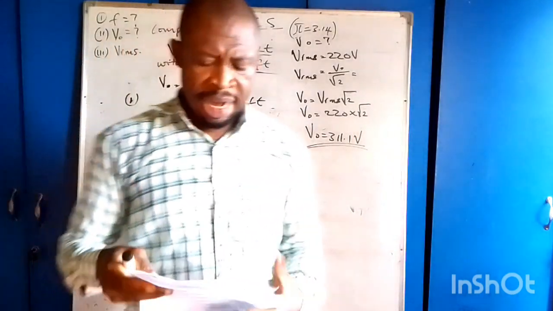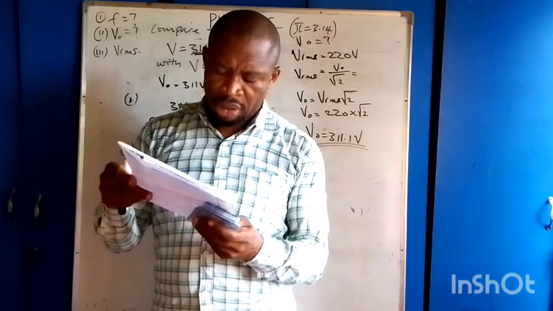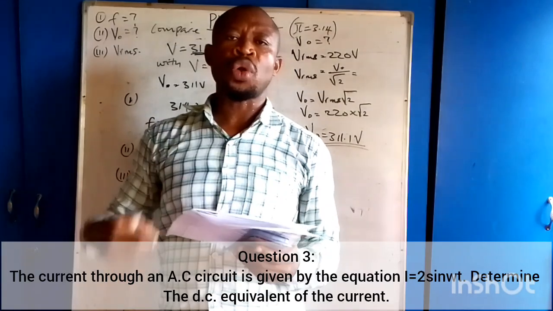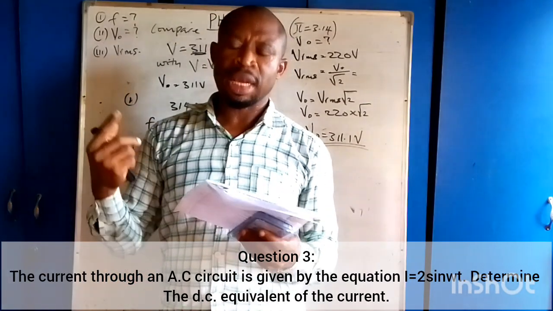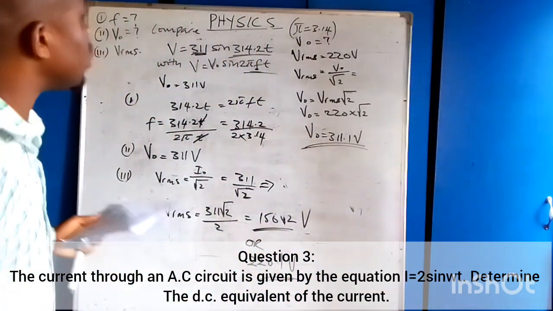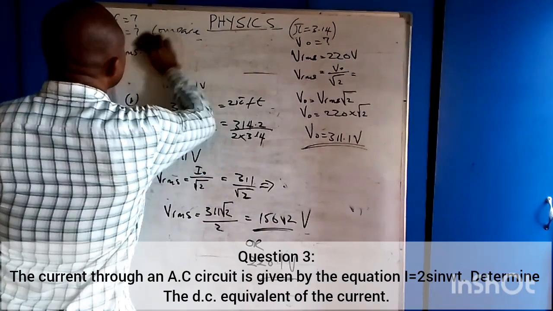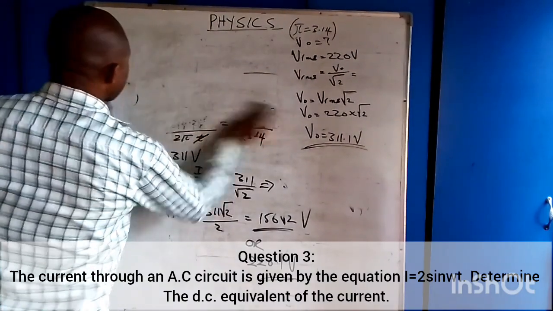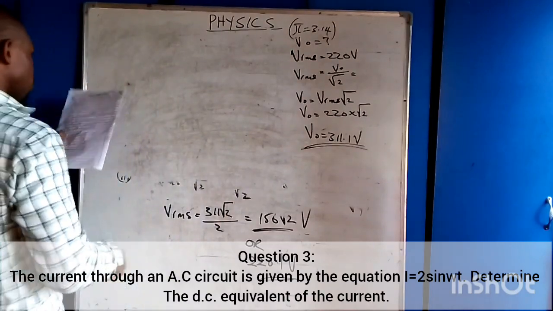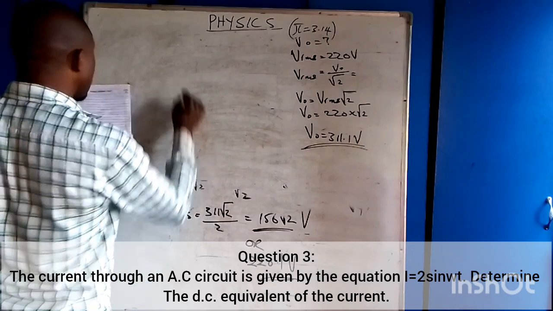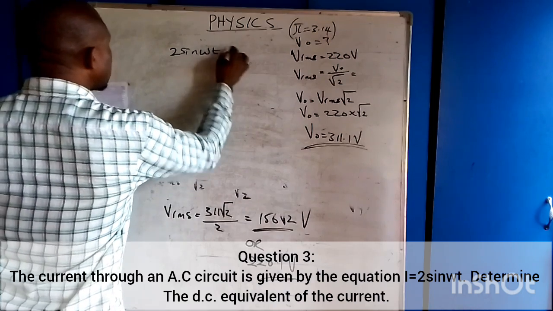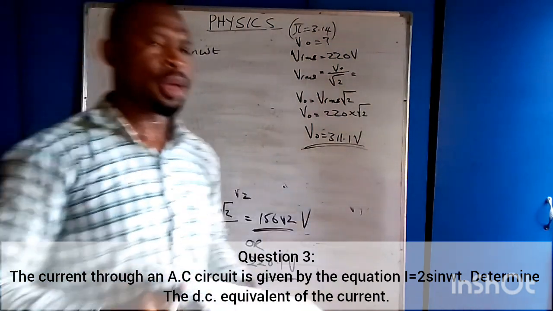Now we'll take the next question. The next question says, the current through a resistor in an AC circuit is given as 2 sine omega t.